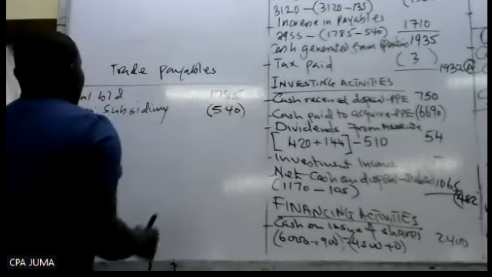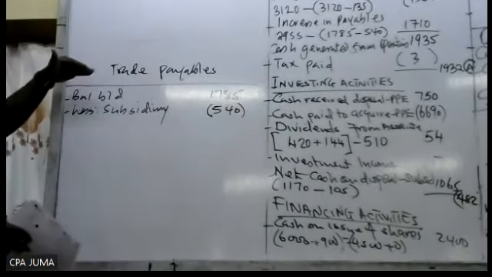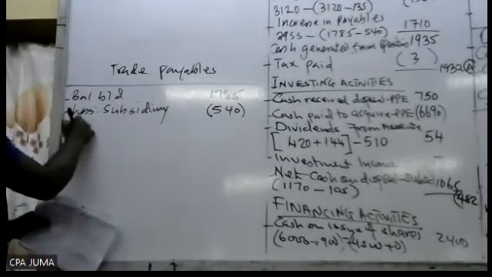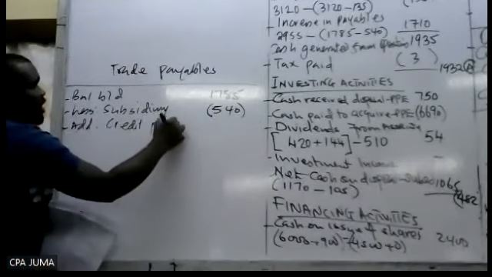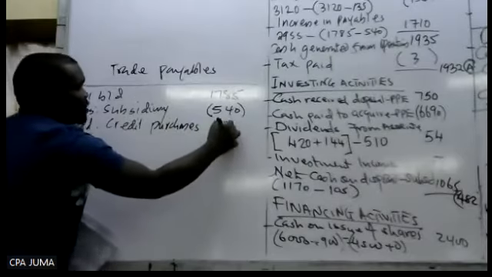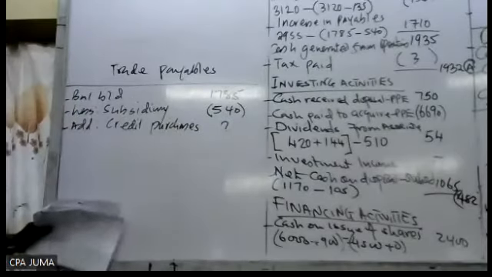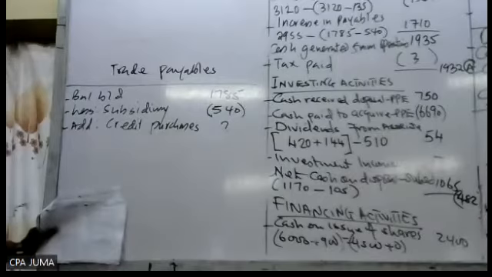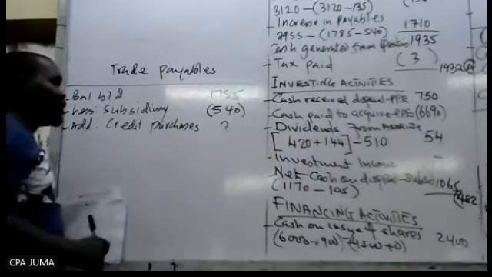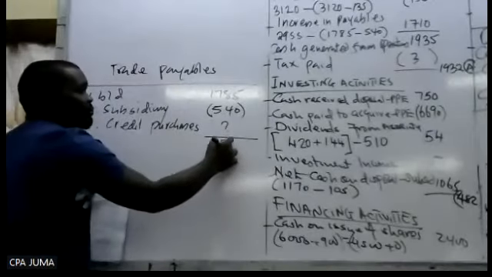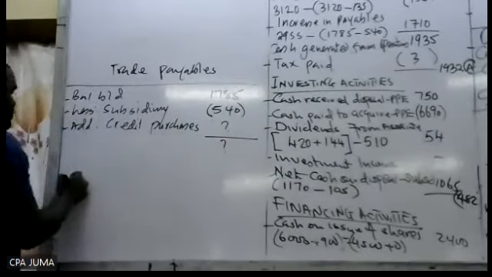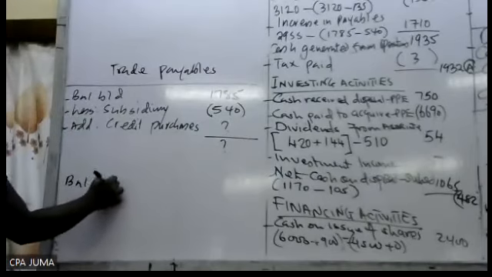Then during the year, we started with payables of this much. You will earn what we call credit purchases. That is what they are not giving us. So leave that. We will get this sum. Then that sum you will compare with the closing balance.